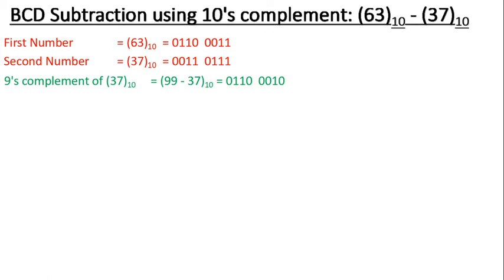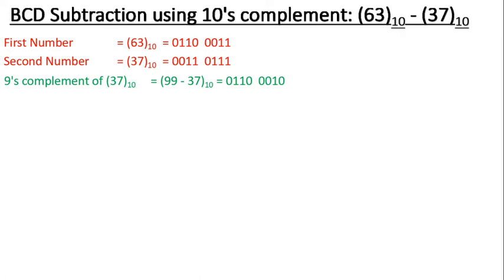Then the next very important point: whenever I want to use the tens complement of any decimal number, we cannot directly get it. We first have to form the nines complement. For the number to be subtracted, which is my second number, 37, each digit, respectively 3 and 7, is to be subtracted from 9.